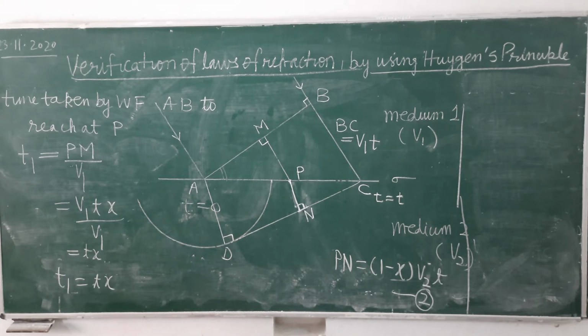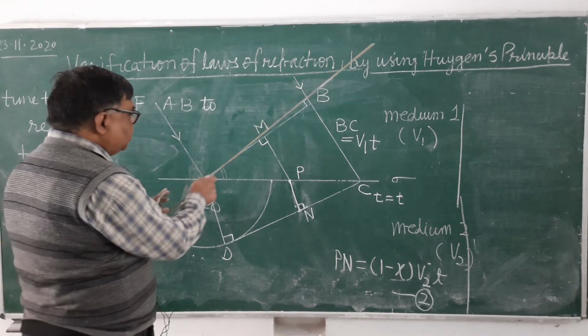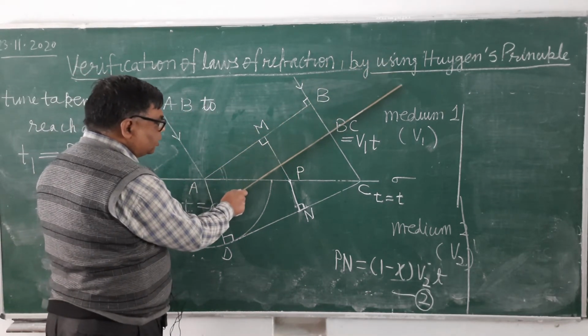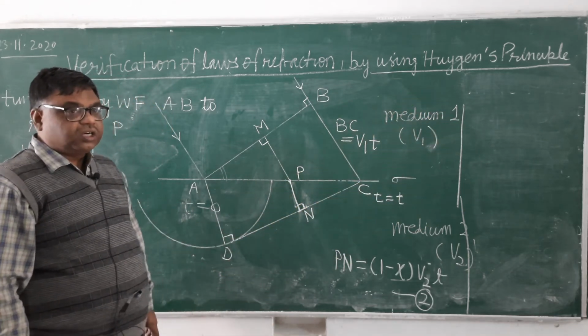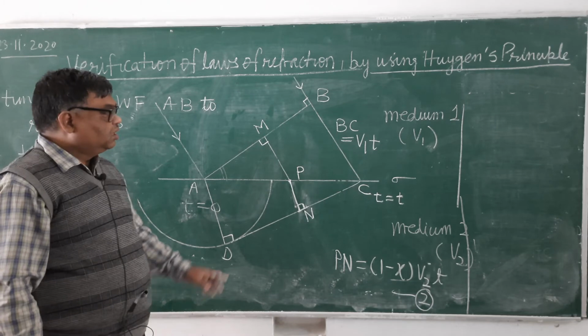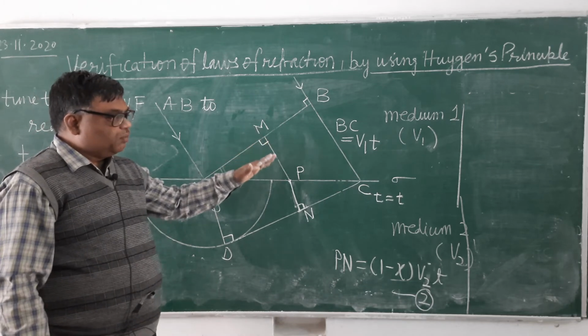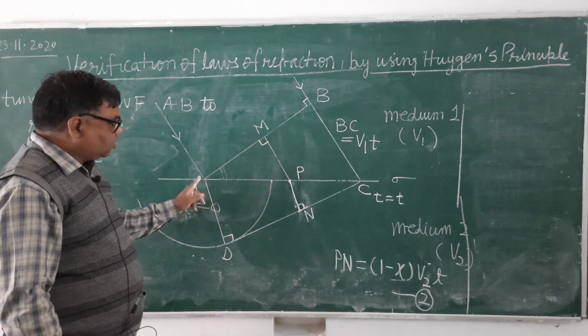Now see here. Tx time has elapsed in reaching the point P. So how much time is left? T minus Tx, because the total time is T. Is it clear?